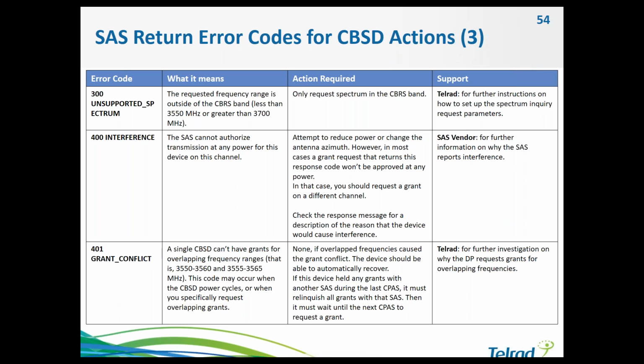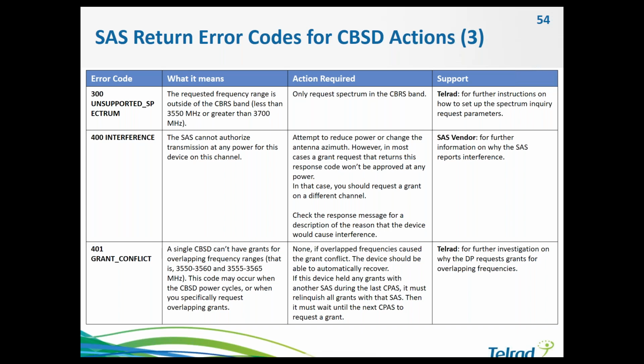300 is unsupported spectrum, because you are off the spectrum, or this spectrum is not available. The 400 is interference. That means it's a grant reject or grant suspend, and the reason is interference.